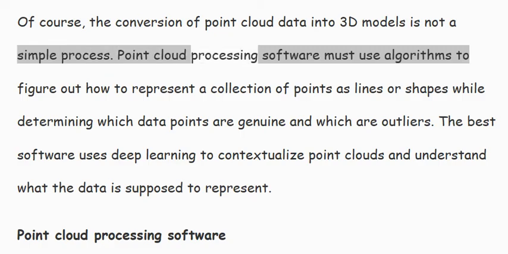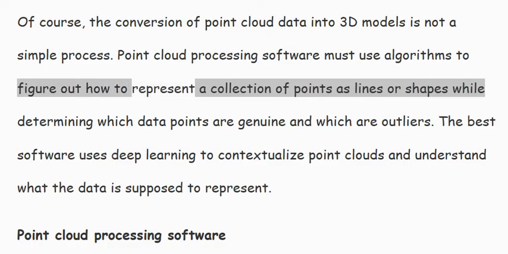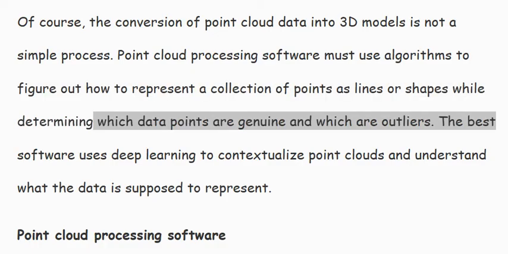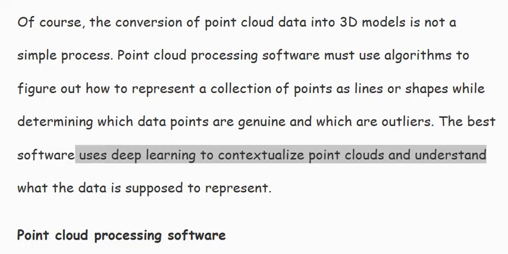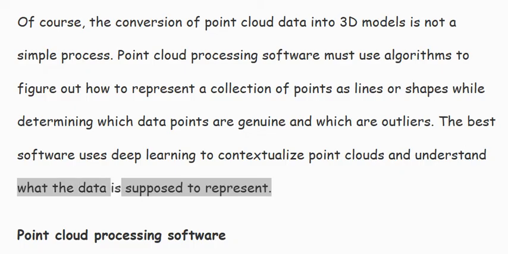Point cloud processing software must use algorithms to figure out how to represent a collection of points as lines or shapes while determining which data points are genuine and which are outliers. The best software uses deep learning to contextualize point clouds and understand what the data is supposed to represent.